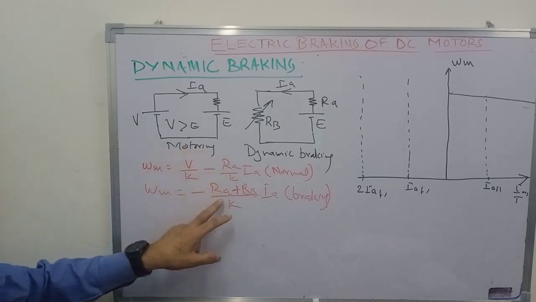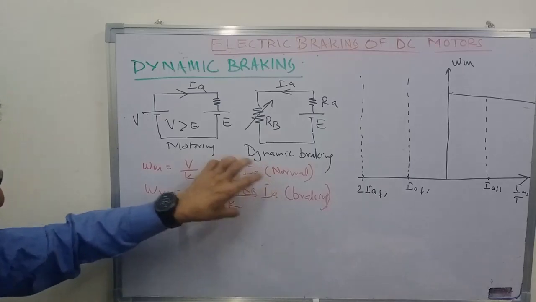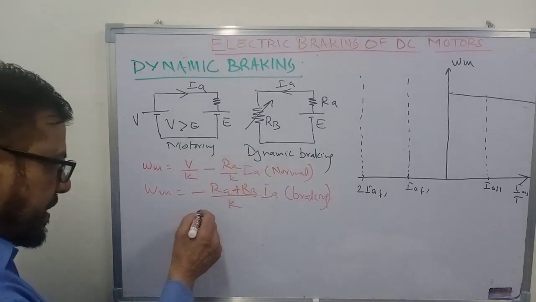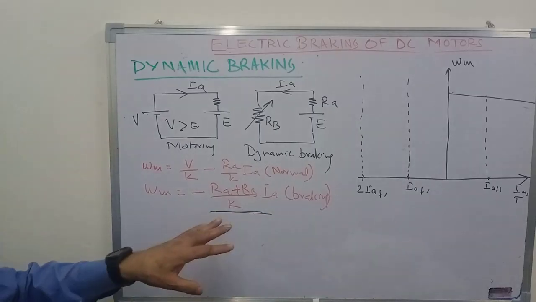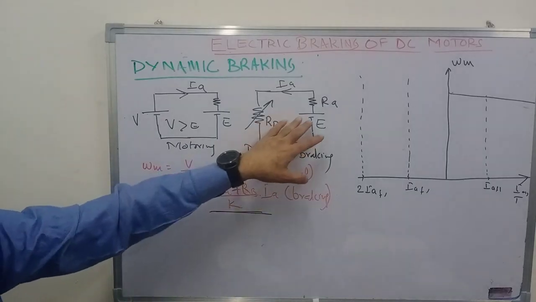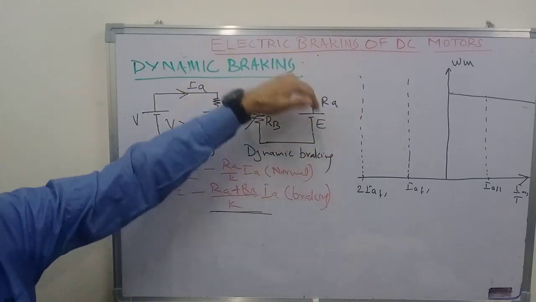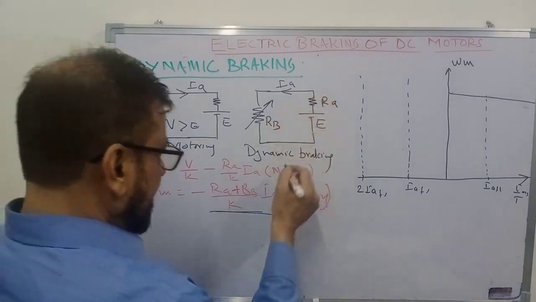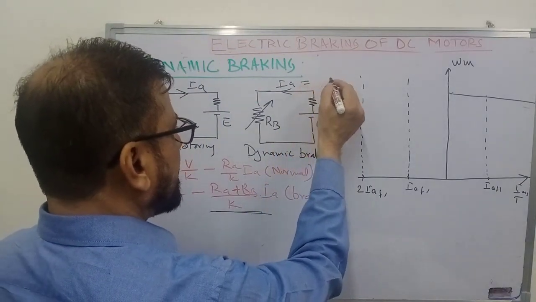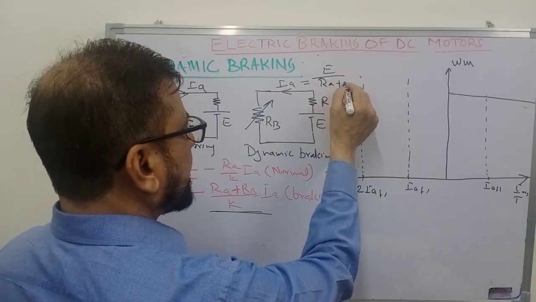So you will get minus (RA plus RB) upon K into IA. So this will be the equation, and as you can see, the current will now flow in the reverse direction. So current is now negative. The current that flows here will be equal to E upon RA plus RB.